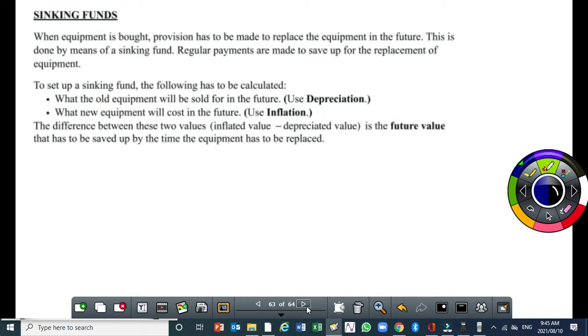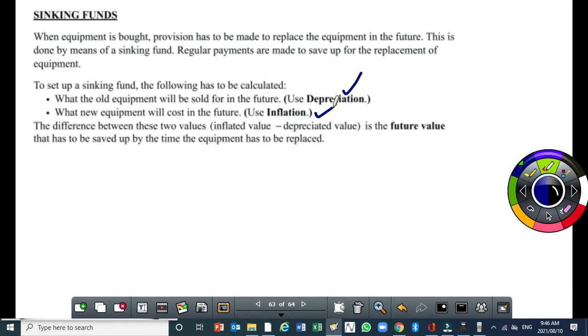So you have to take into account depreciation, which we spoke about under grade 11 finance, right? Also, you may need to predict the value of an asset in future. That's where inflation comes in, right?